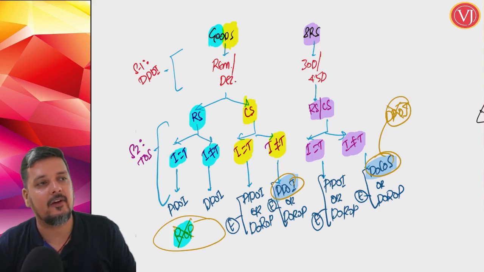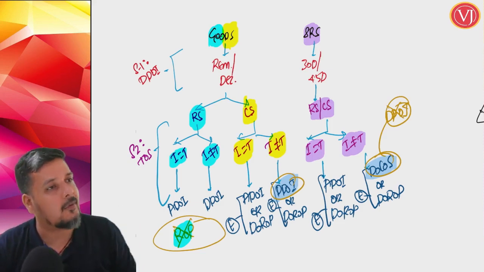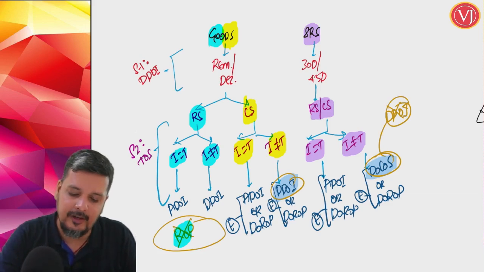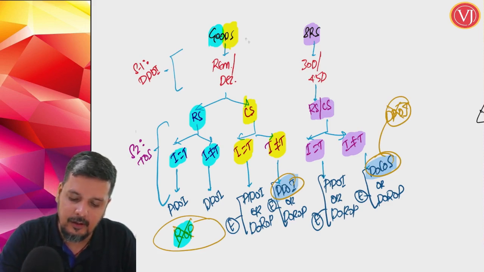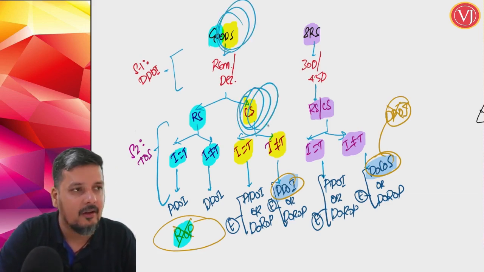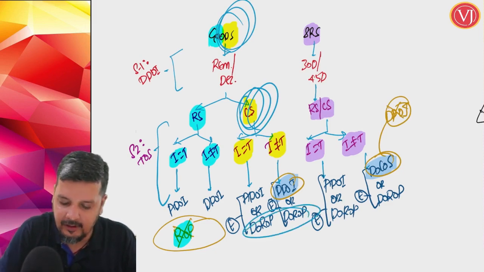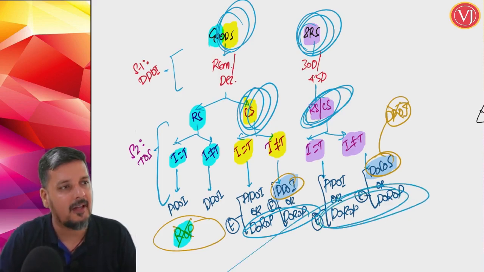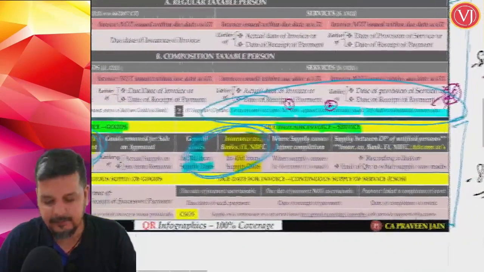Under any scenario, you don't even consider receipt of payment. Therefore, you don't even consider advances. So this point is more relevant for whom? For the goods sector composition scheme, where you consider the payment, or the service sector regular scheme or composition scheme, where you consider the payment. That point is relevant only in that particular area.